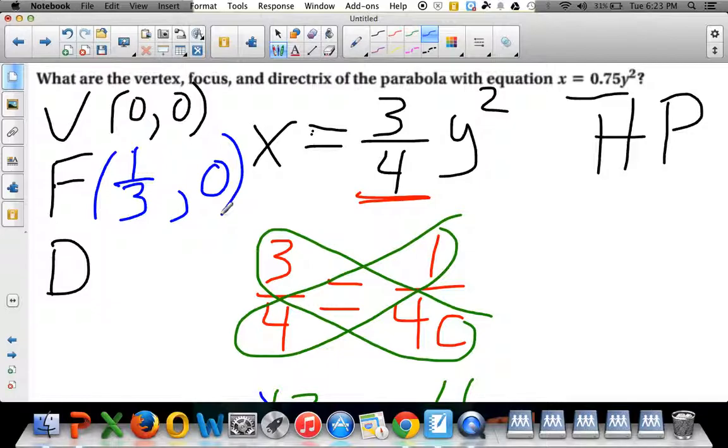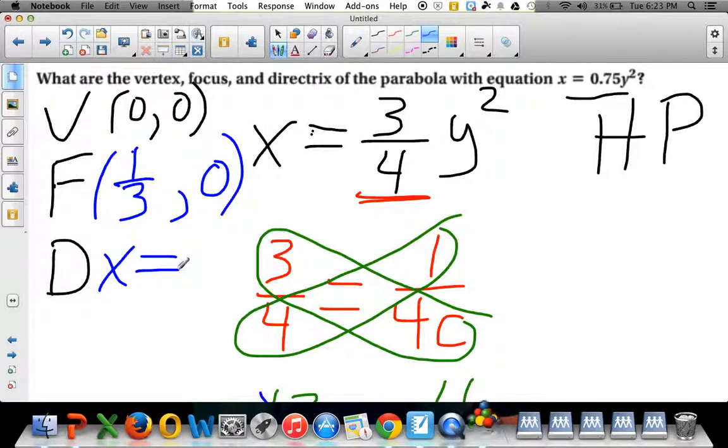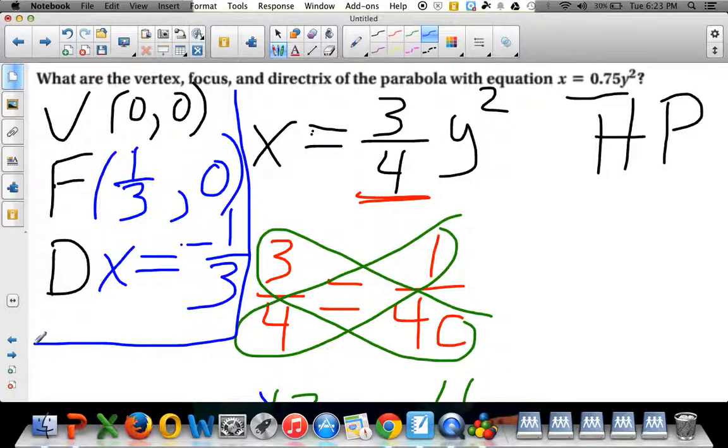And I'm going to have a directrix of x equals negative c, which is negative 1/3. There are my 3 answers.